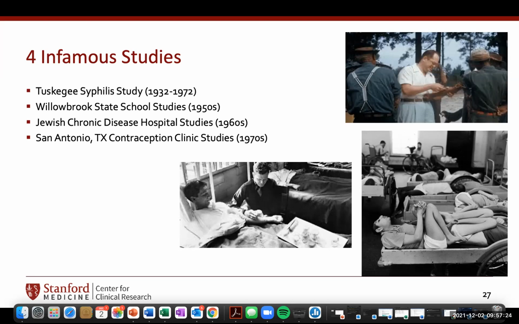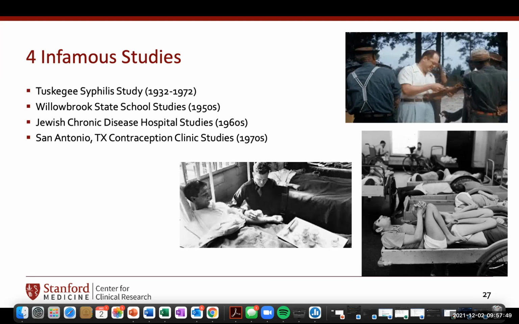Okay, so we'll talk about the Willowbrook State School studies, which is this picture here. This took place in the 1950s. Investigators at this school intentionally infected mentally challenged or developmentally delayed children at an extended care facility in New York with hepatitis.